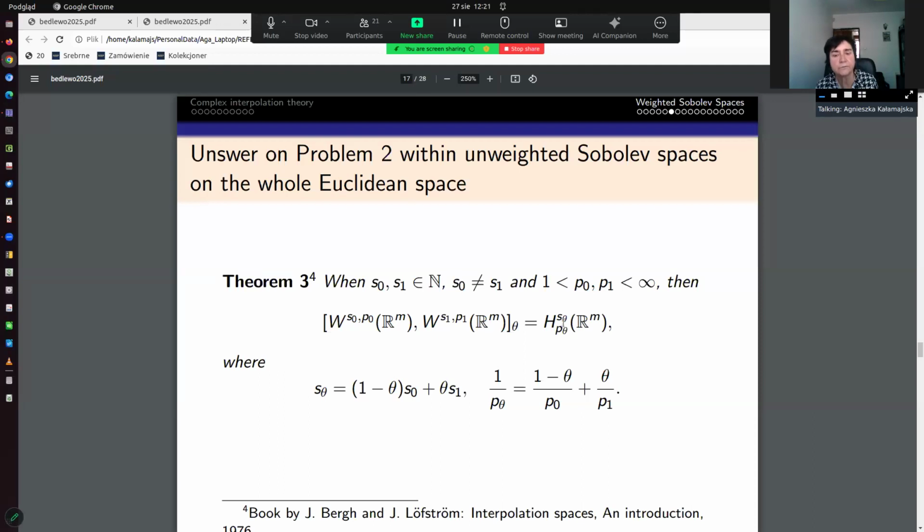So there is a full description, but unweighted and defined on the whole Euclidean space. So the question is, what in the Sobolev setting is known more?